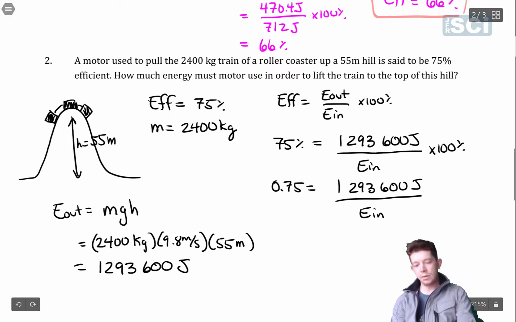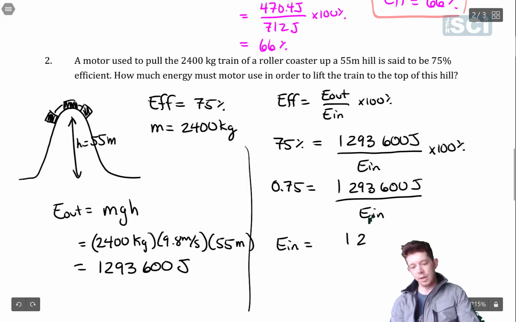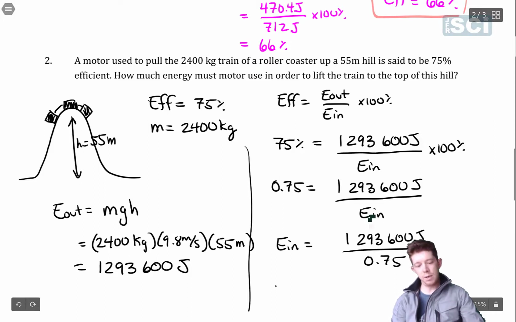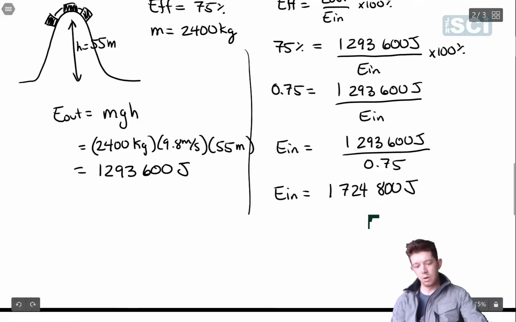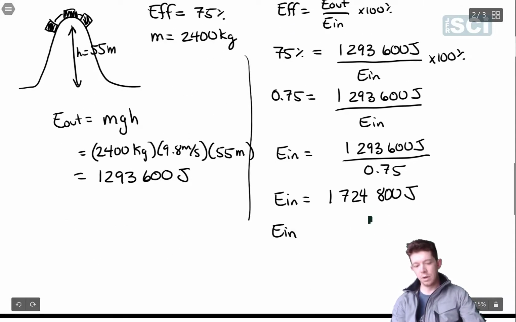Rearranging my equation a little bit, the input energy is going to be equal to my output energy divided by 0.75. And when I do that, I get a value of 1,724,800 joules. Or more importantly, I can just write it as 1.7 times 10 to the 6 joules.